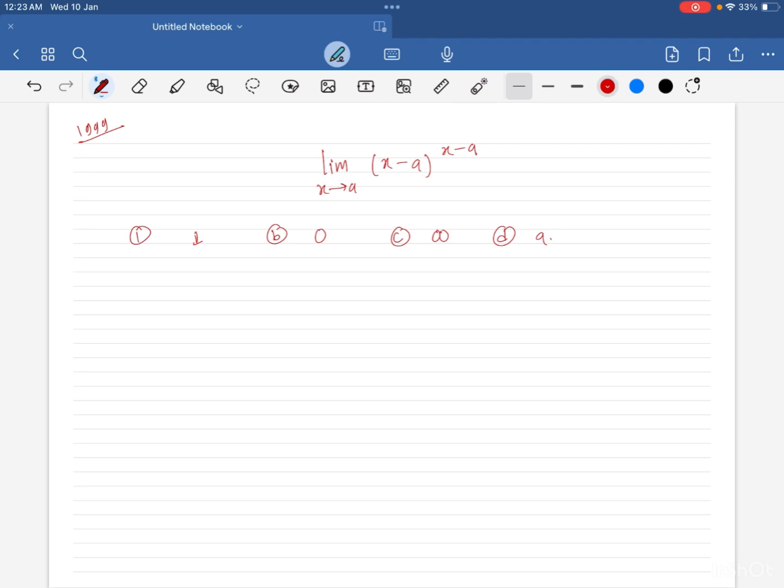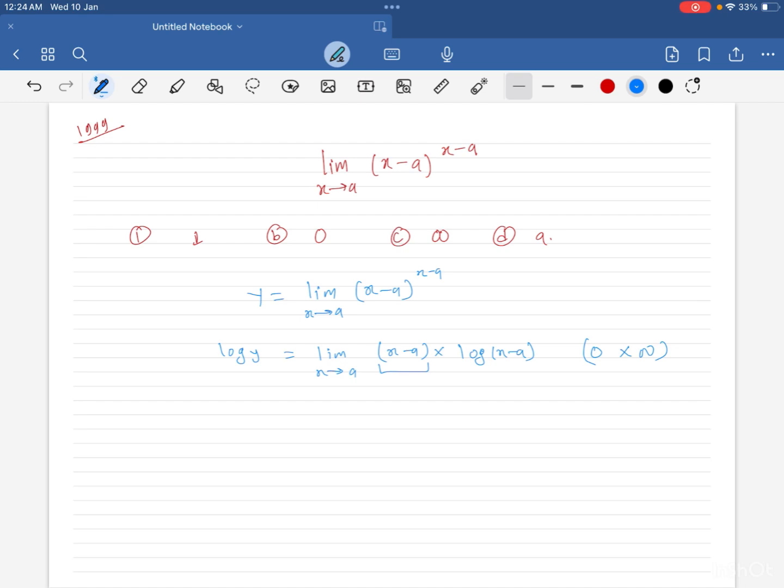So how to approach this question? What you can do, you can assume that y is equal to limit x tends to a of (x minus a) to the power (x minus a), right? Now you can take log on both sides. So if you take the log on both sides, that is what you will get, right? Now you see that this is again a 0 into infinity, that is again an indeterminate form, right?